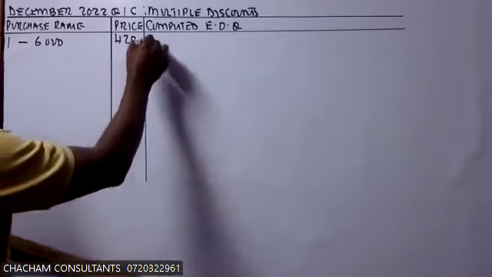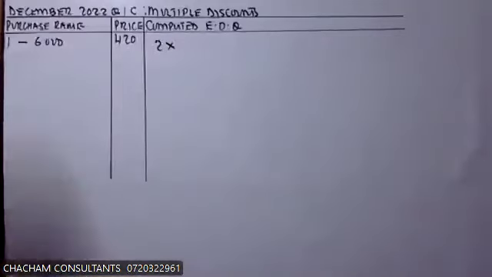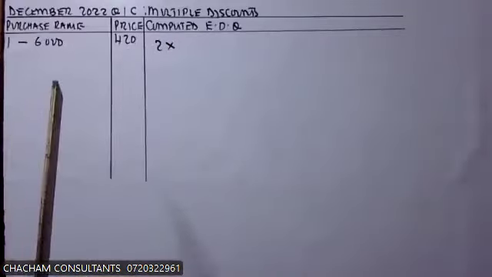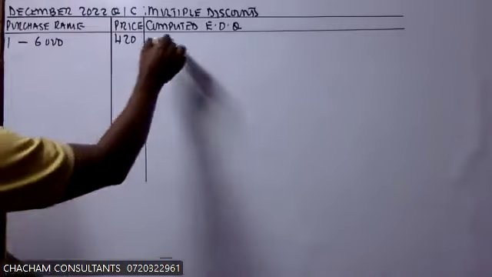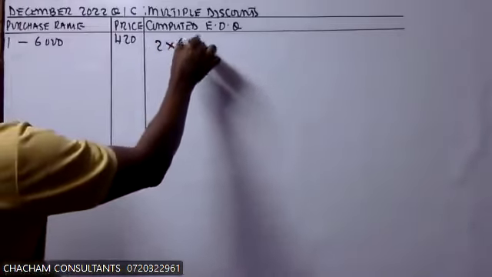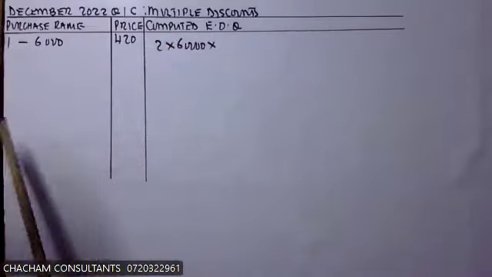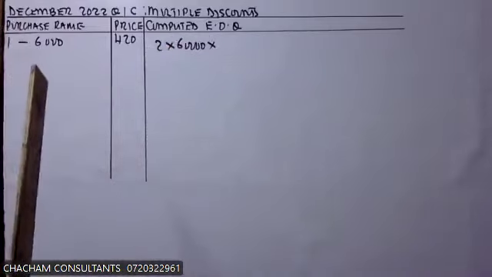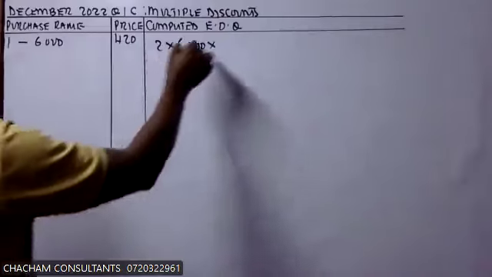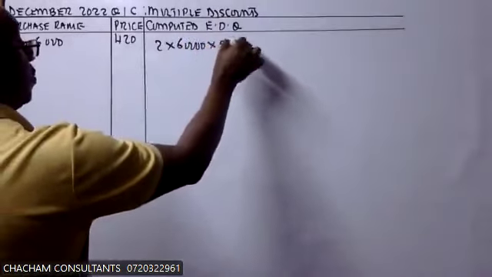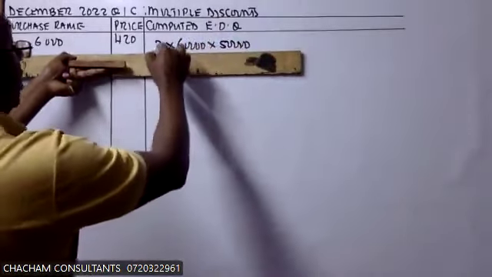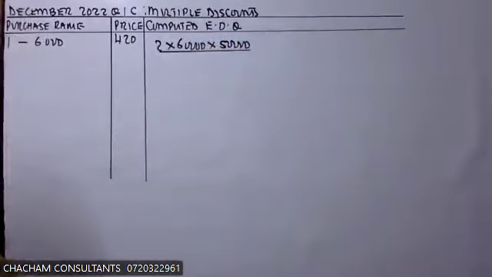Where we say it is the square root of 2 times the annual demand. The annual demand we are told is 60,000, times the ordering cost, which we are told is 50,000. You divide this by CH.